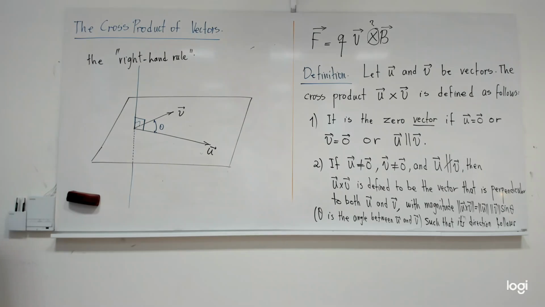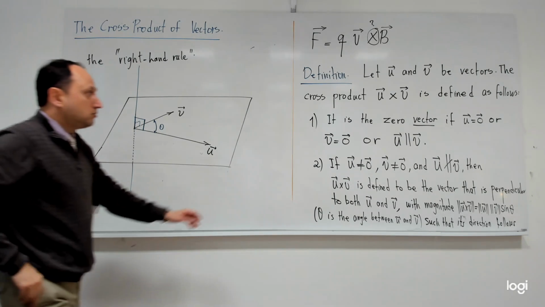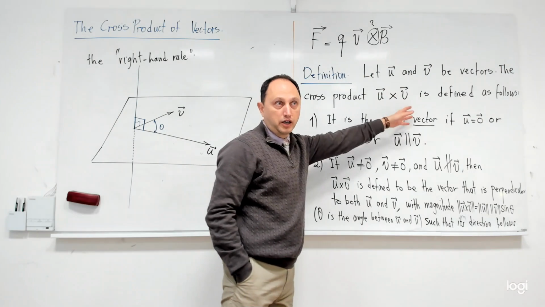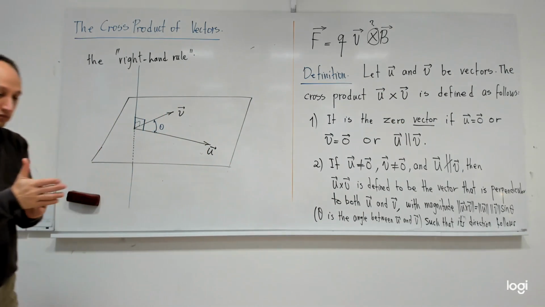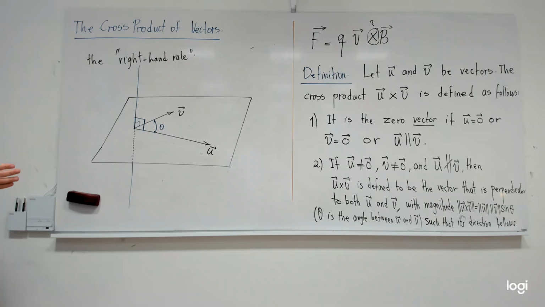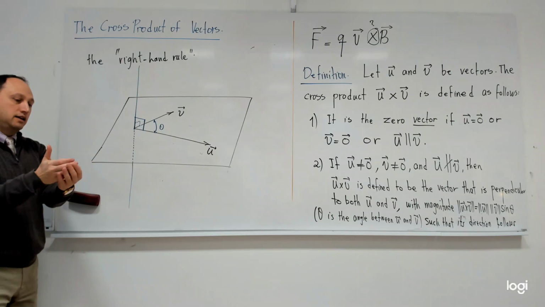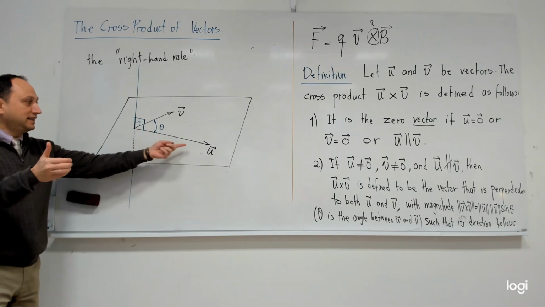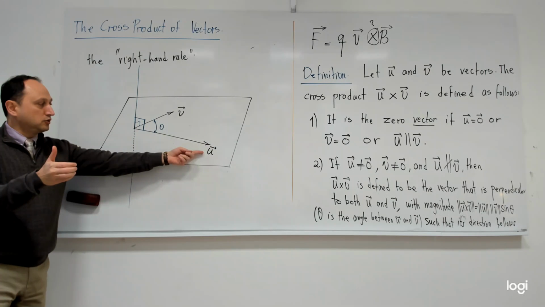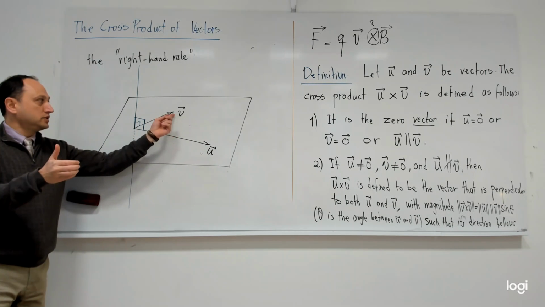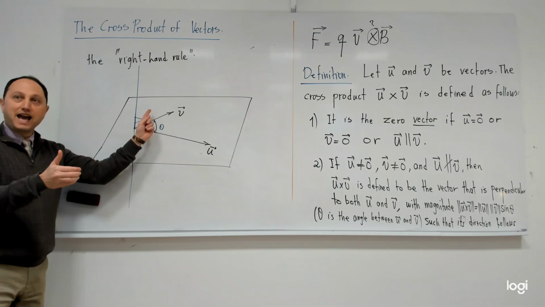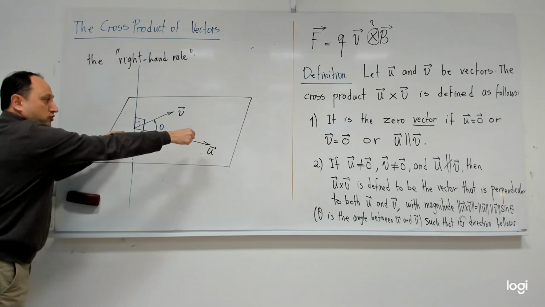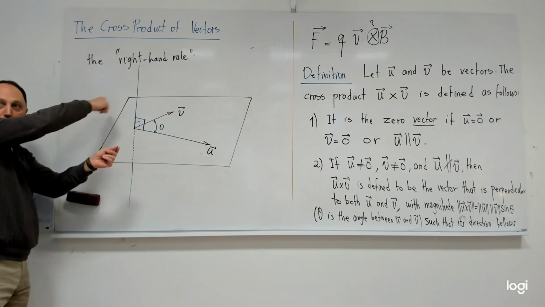The right-hand rule tells you that if you are multiplying u on the left by v on the right, you have to take your right hand and bend your fingers in a way that this will rotate u and put it on v through the angle between them, not in the other direction. Because I can also take u and rotate it from this direction and put it on v.